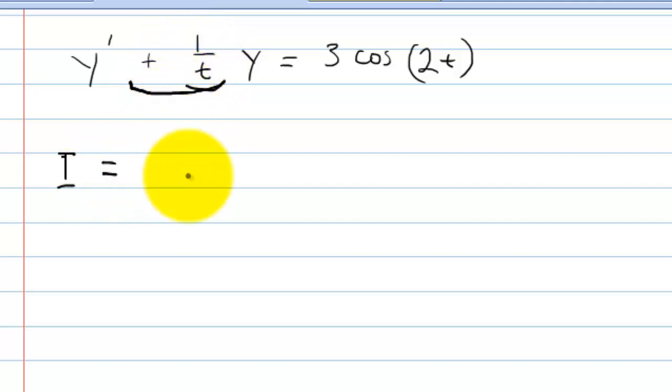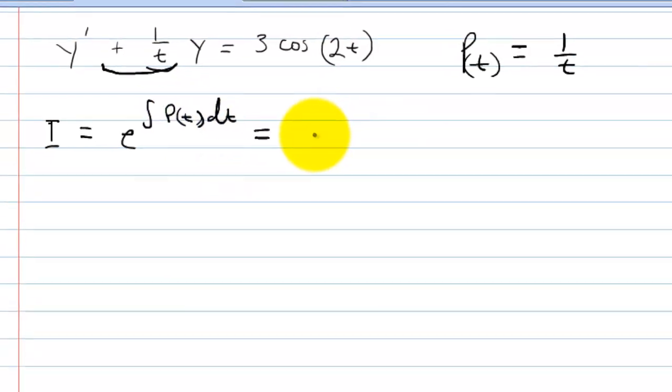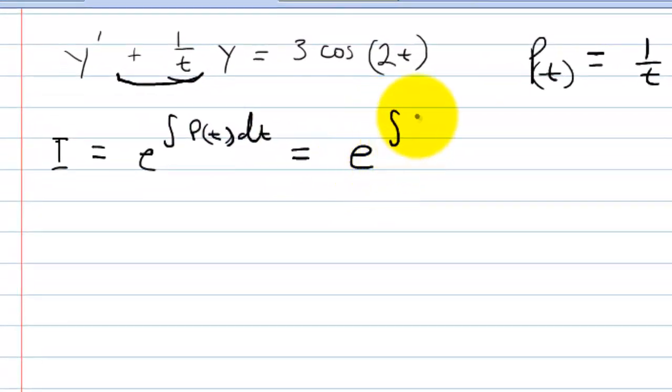So the integrating factor is going to be equal to e to the integral of p(t) dt. And here p(t) is just going to be equal to 1 over t. So we sub 1 over t in for p(t), which gives e to the integral of 1 over t dt.